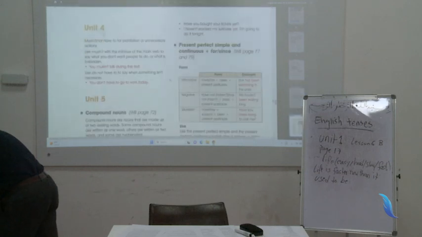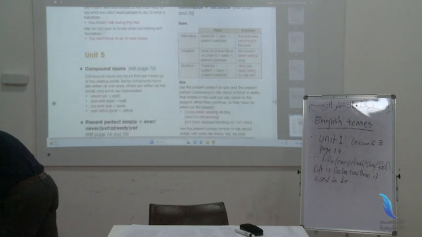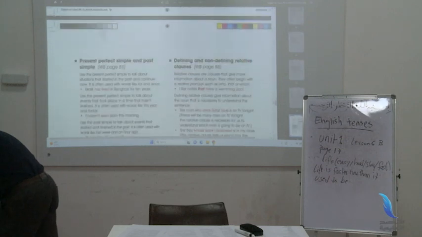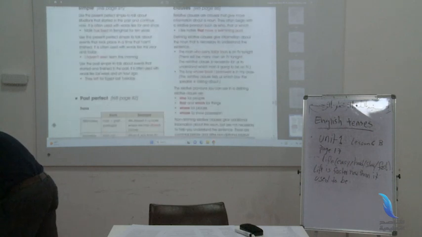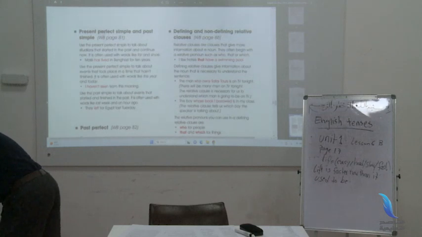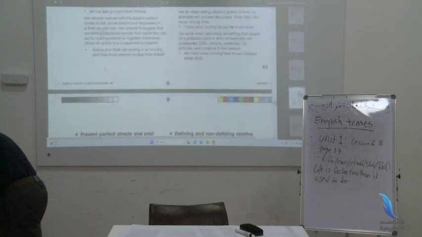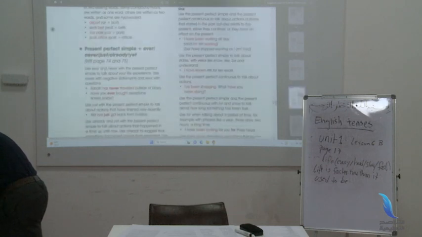For the present perfect simple and past simple, present perfect simple, as we have explained here, we use never and ever.